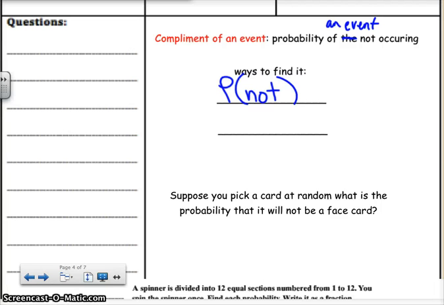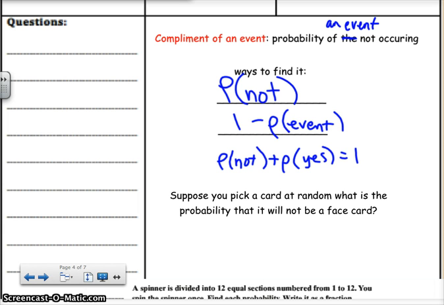Or, this is the best way to do it: you do 1 minus the probability of the event. Why you can do that is if you add the probability of it not happening to the probability of it happening, it's always going to equal 1.